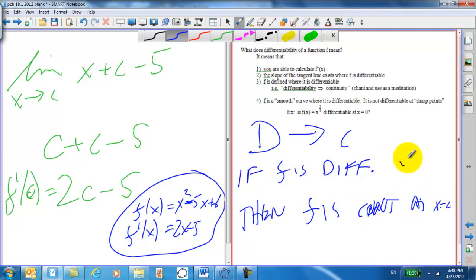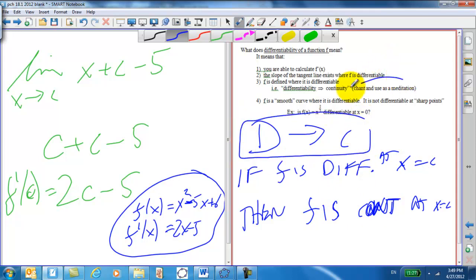If f is differentiable at x equals c, then f is continuous at x equals c. Differentiability implies continuity. That's the mantra we're talking about. Differentiability implies continuity.